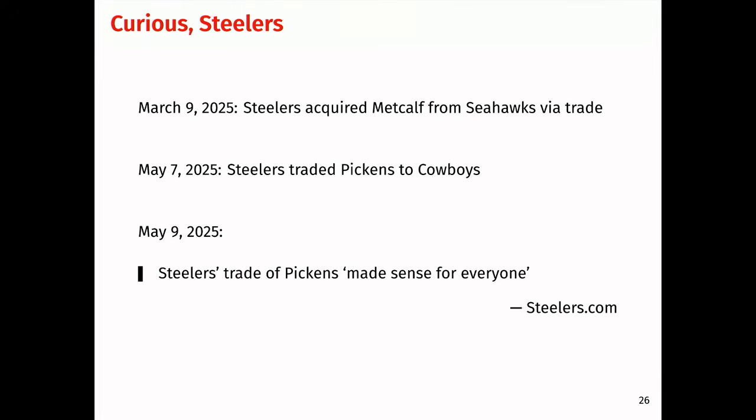And two days after the Pickens trade, Steelers.com put out an article with a headline saying that the trade of Pickens "made sense for everyone." Did it though? Who knows? But it's too bad we don't get to see two receivers with two different types of movement play together on the same team. So sorry, Ron Yoko.